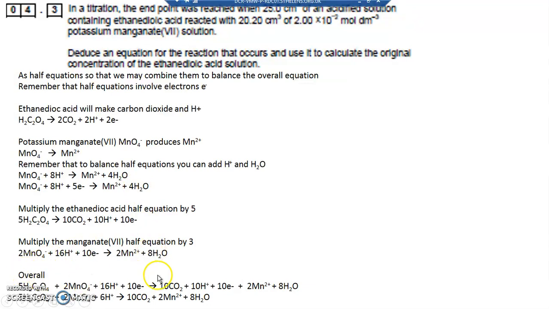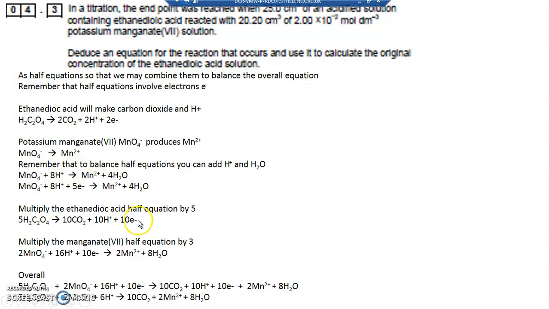Now I add everything together. So I've got 5 lots of H2C2O4 on the left with 2 MnO4 minus, 16 H plus and 10 electrons. And everything on the right: 10 CO2, 10 H plus, 10 electrons, 2 Mn2 plus and 8 H2O. Now, can I simplify things? I can cancel the electrons.